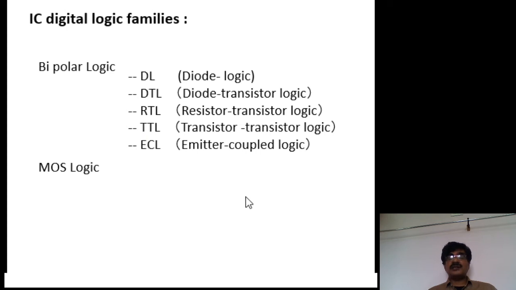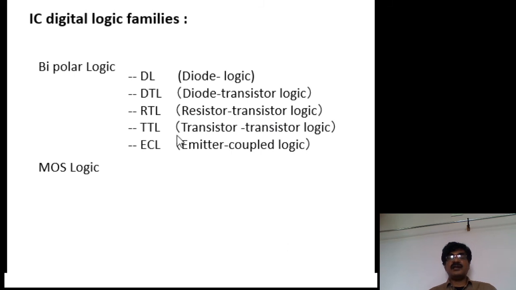In diode logic, only the diode is the main component, whereas in DTL, that is diode transistor logic, the main components are diodes and transistors. In RTL, that is resistor transistor logic, the components are resistors and transistors.